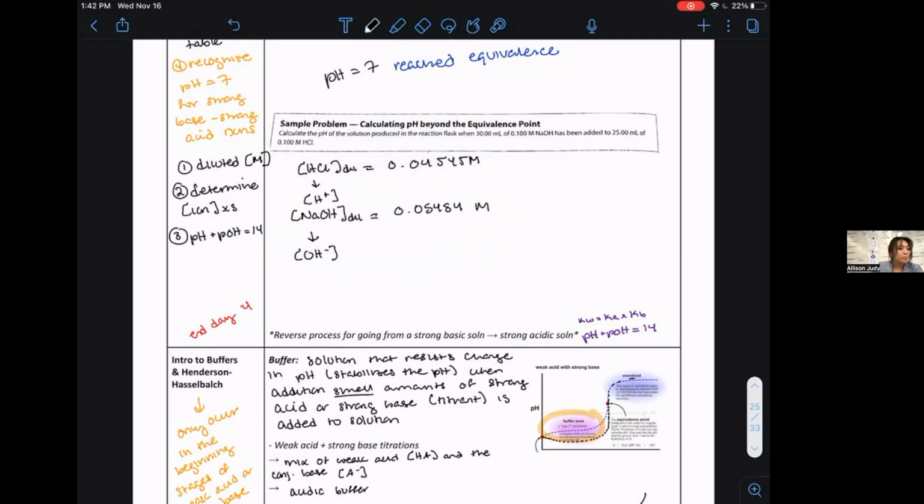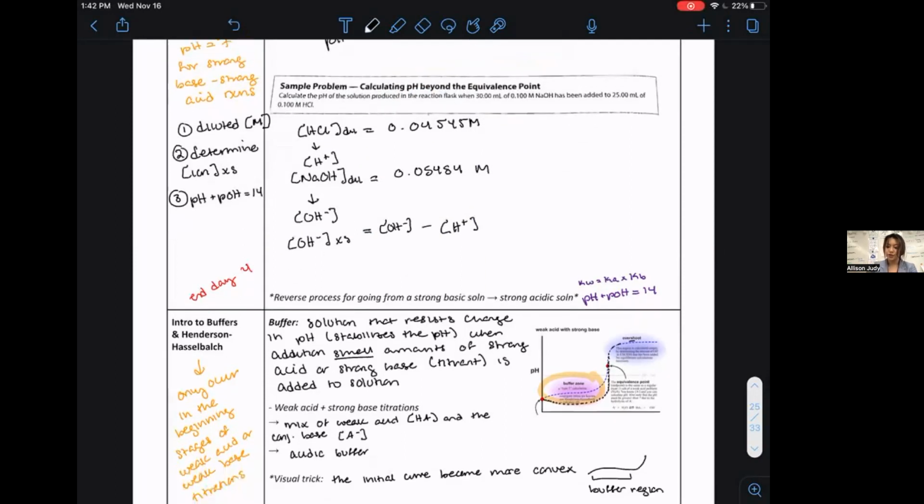So then you simply put this into the excess equation that you know: you're going to have excess OH minus, and it's going to equal OH minus minus H plus, and you should have gotten a value of around 0.00909 molarity excess. Then you simply use this equation for pH, because I'm asking for pH, not pOH.